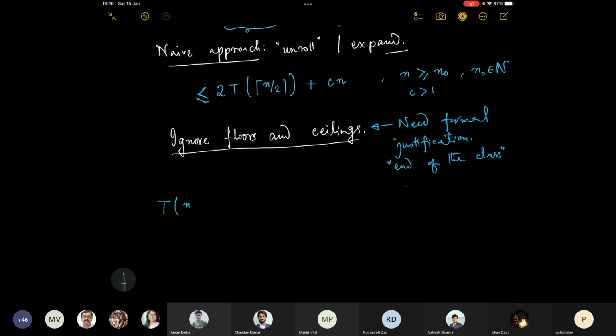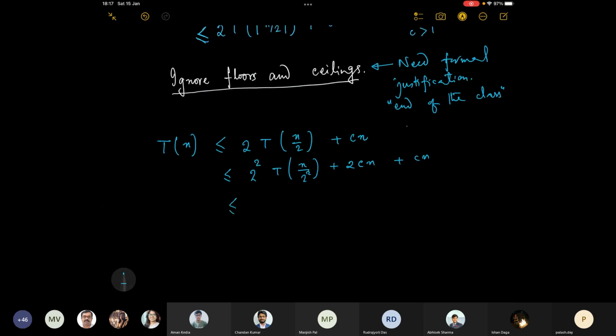So what is the recurrence now? Ignoring the ceiling, T(n) is 2T(n/2) plus cn. Now I can apply the naive approach of simply expanding. This is 2 squared T(n/2 squared) plus 2cn.